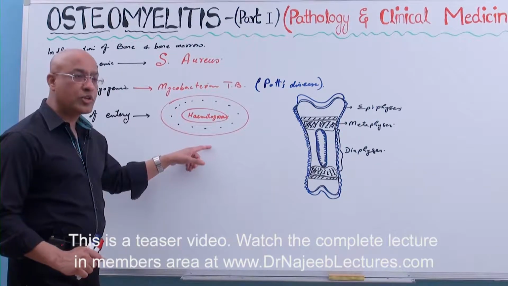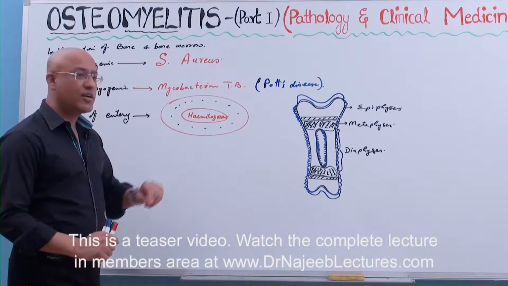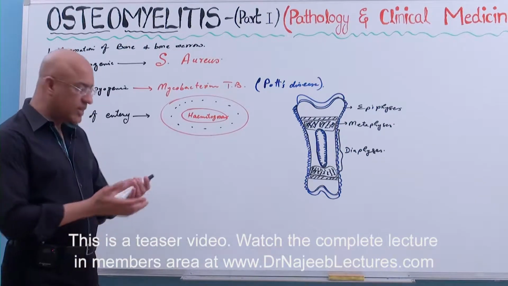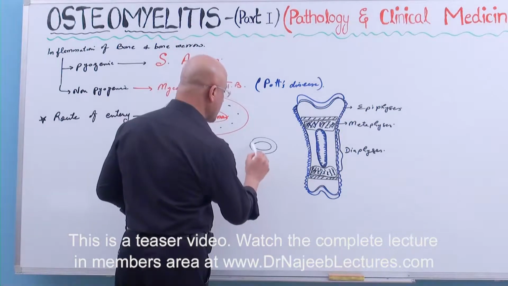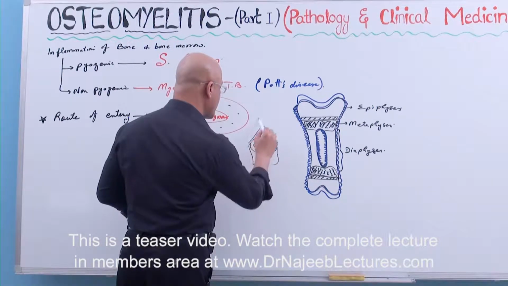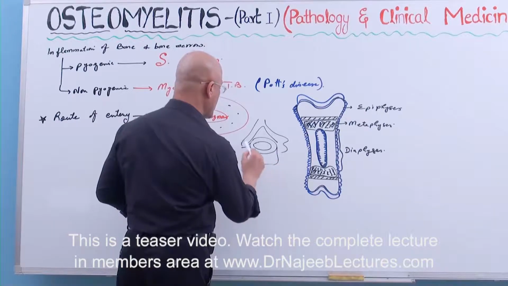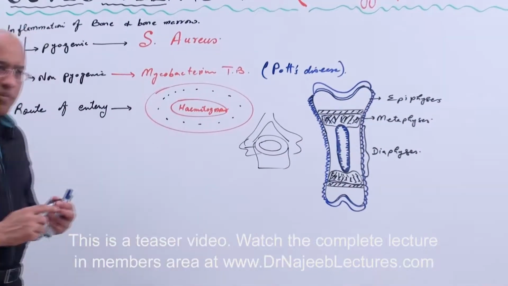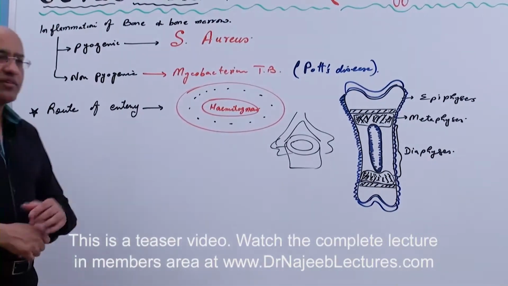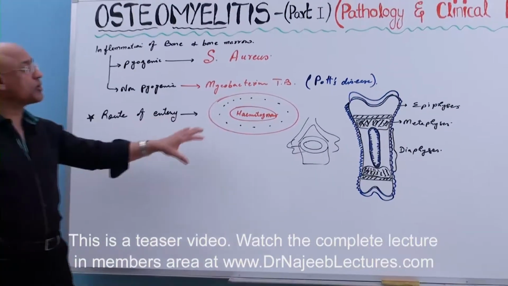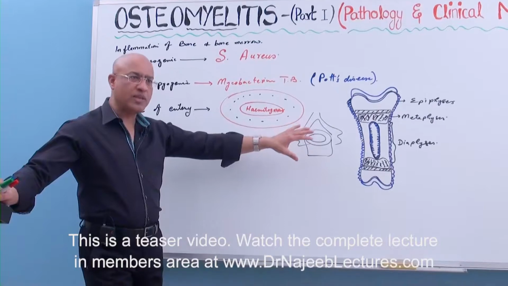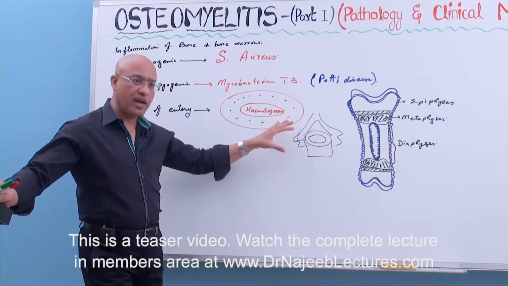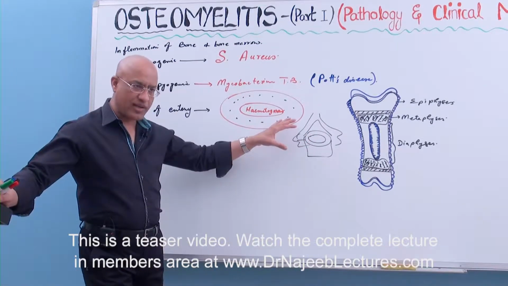In adults, most commonly they involve the vertebra, right? Am I clear? So what did we discuss? What is the hematogenous spread of infection to the bones? It's more common in children, but it can occur in adults also, right?